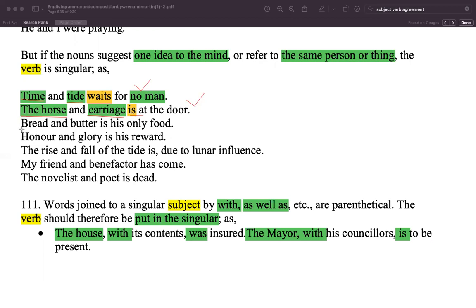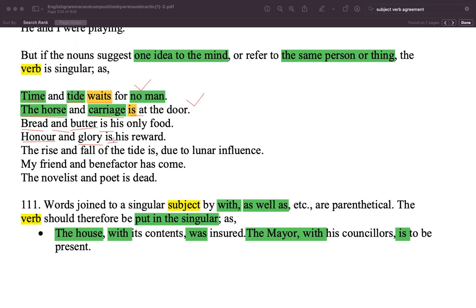Similarly: "Bread and butter is his only food." Bread and butter is used for the purpose of food. "Honor and glory is his reward." Used for one idea to the mind.